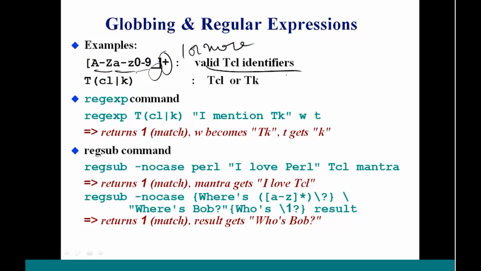This is a valid Tcl identifier. So any kind of variable names use this. Then here we say Tcl or TK with parentheses and the bar: T, C, L or K, so that matches Tcl or TK.